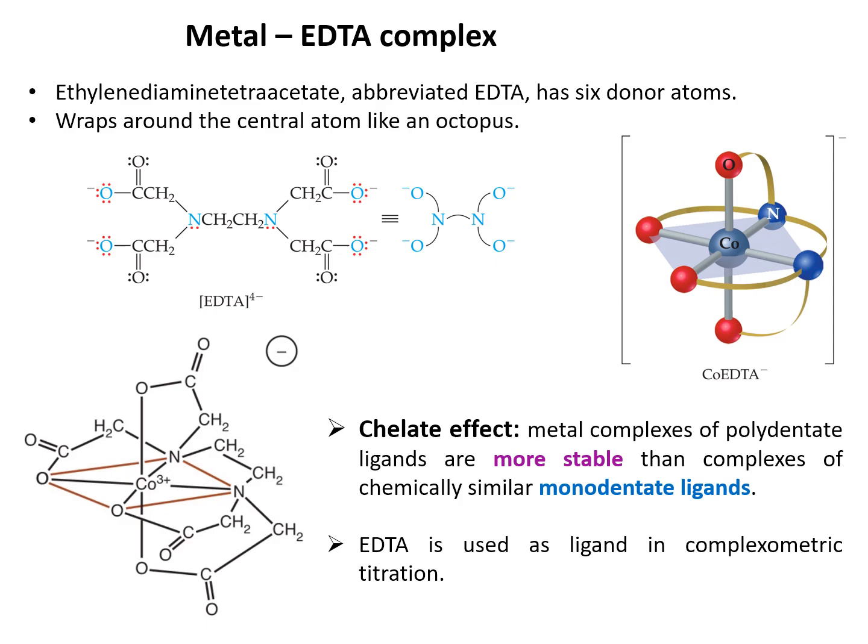Let's say one central metal ion is here, and we show how the EDTA makes the bonds. Finally it makes a chelate complex. Why does it make the chelate complex? Because after chelation, the complex becomes extremely stable.